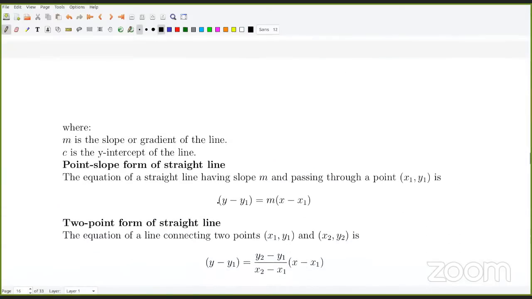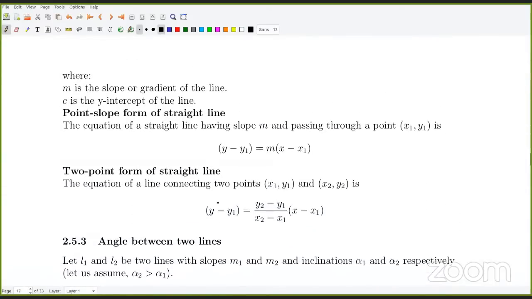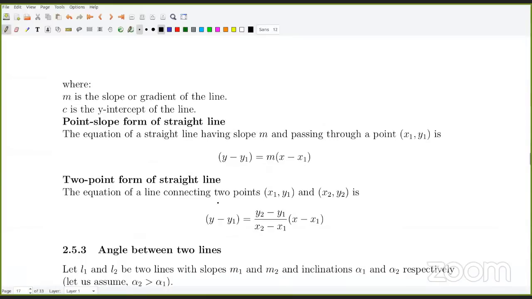Now there is another form of straight line, the point slope form, where we know one point and we know the slope. We know the line passes through this particular point, and we also know the slope. Then the equation is given as y minus y1 is equal to m times x minus x1.